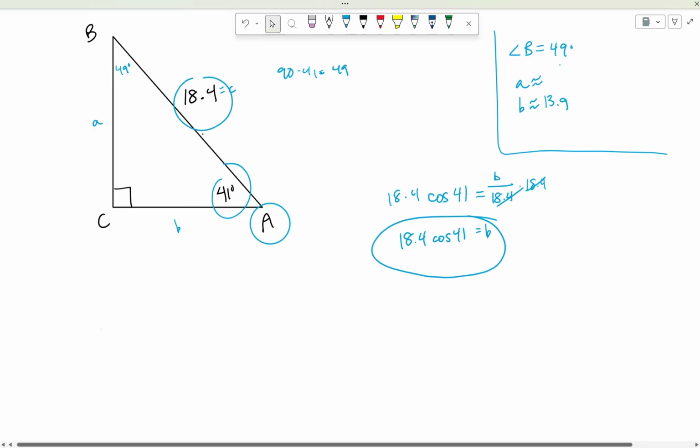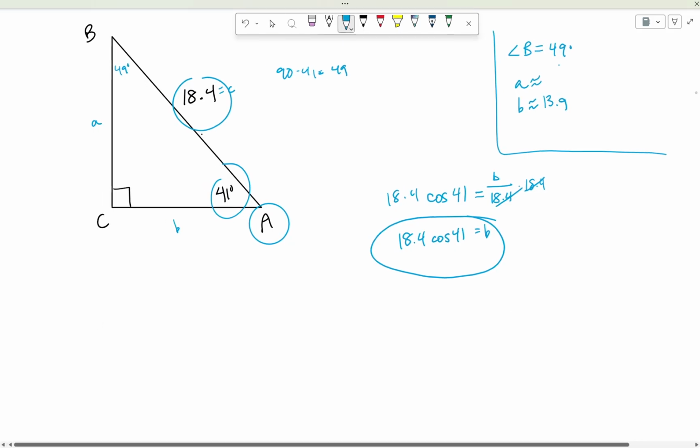Now we do lowercase a. We do the same thing. We could take the sine now, right? The sine of 41 is going to be equal to the opposite, which is lowercase a, over 18.4. We have to have two knowns here for our third thing.